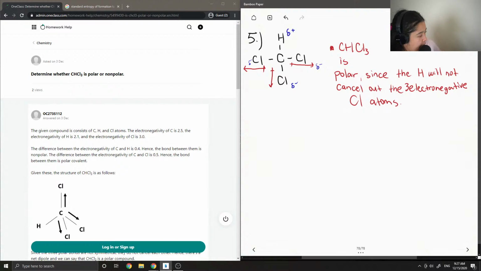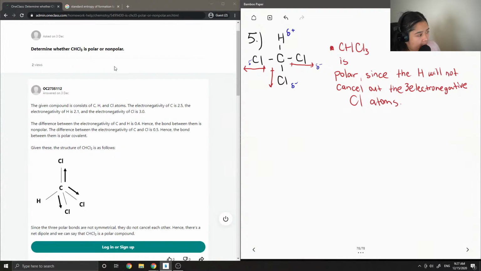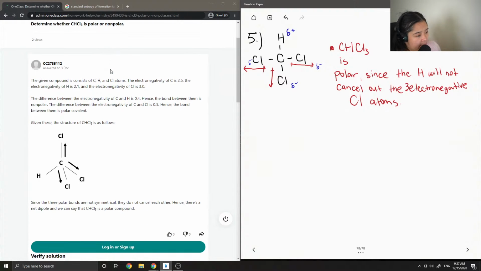Okay, so let's see what the junior tutor said. The given compound consists of carbon, hydrogen, and chlorine atoms. The electronegativity of carbon is 2.5, the electronegativity of hydrogen is 2.1, and the electronegativity of chlorine is 3.0. The difference between the electronegativity of carbon and hydrogen is 0.4, hence the bond between them is nonpolar.